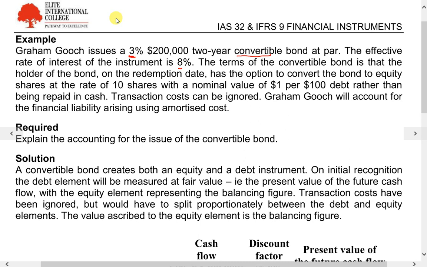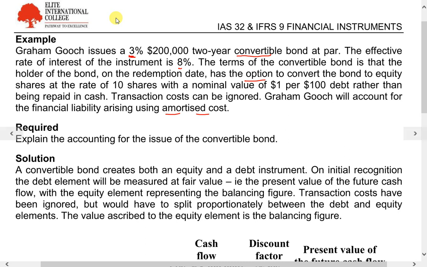The term of the convertible bond is that the holder of the bond on the redemption date has the option to convert the bond into equity, into our shares, rather than being repaid in cash. Transaction costs can be ignored. Graham Gooch will account for the financial liability using amortized cost. Liability, amortized, P&L.